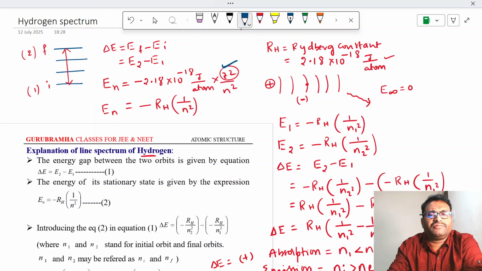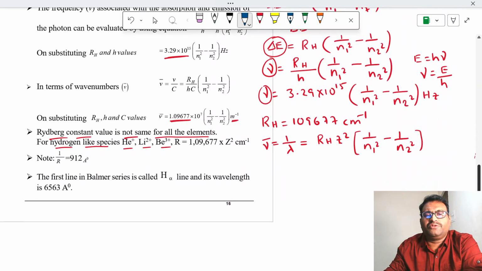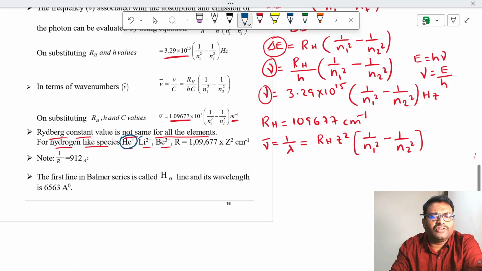As it is a hydrogen atom, we substituted 1 for this Z, and we calculated all these things. But when you come to other atoms which have one electron, that is He plus, Li 2 plus, Be 3 plus, these are all one-electron species, but their atomic numbers are different. When their atomic numbers are different, you have to multiply with Z square.